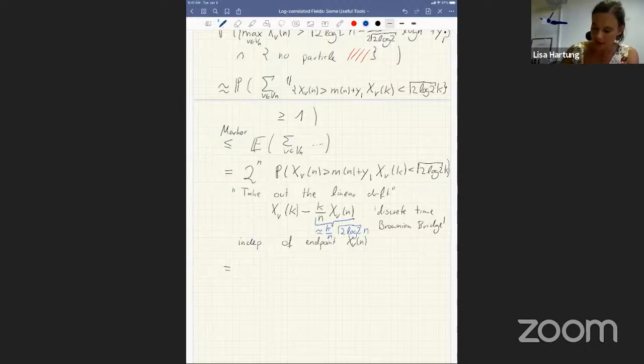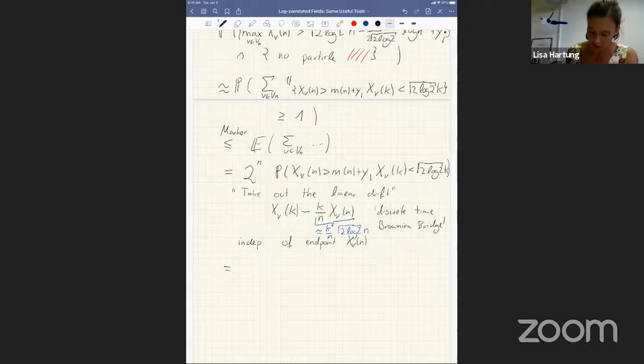So we see that if I do this transformation, the object that I need to consider, that becomes the Brownian bridge, is X_v of k minus square root 2 times k. So essentially, that's this part here. And then I have a condition that the endpoint needs to be larger.